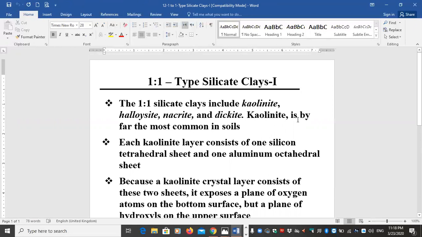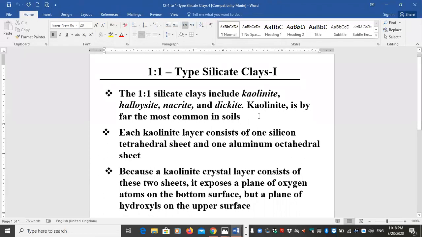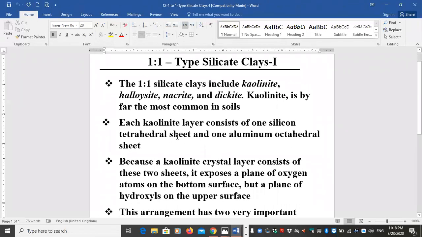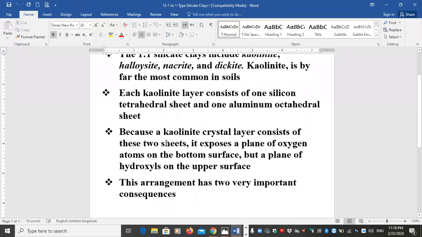Kaolinite is by far the most common in soils. When we say by far, that means a lot more than the rest of them. It's the most common one that we find in nature in most soils. Each kaolinite layer consists of one silicon tetrahedral sheet and one aluminum octahedral sheet, so 1-to-1.